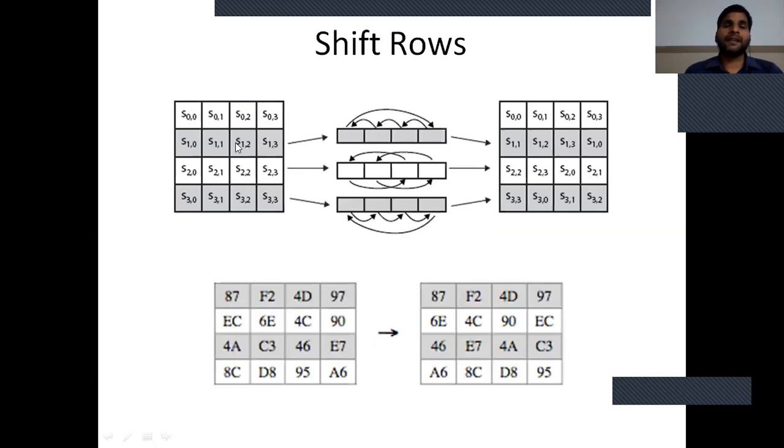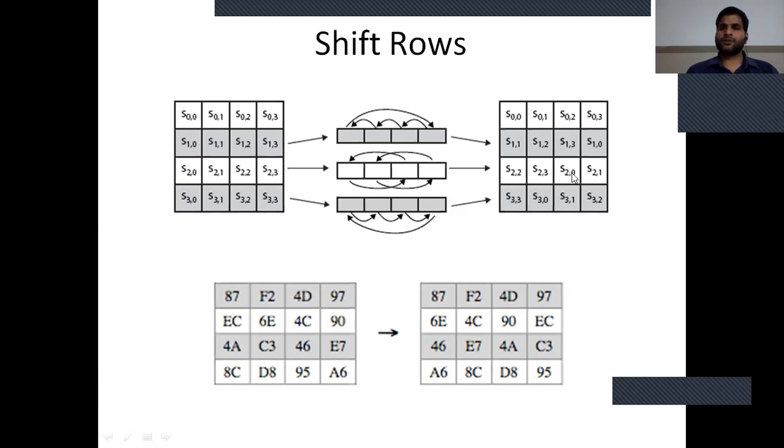If we apply the shifting to the given state array, S10 is shifted by one position. So S13 is shifted here, S12 is shifted, S11 is shifted to this position, and S10 is shifted here. So we get S11, S12, S13, and S10. Applying the second shift: this is shifted here, this here, this here, and this here.